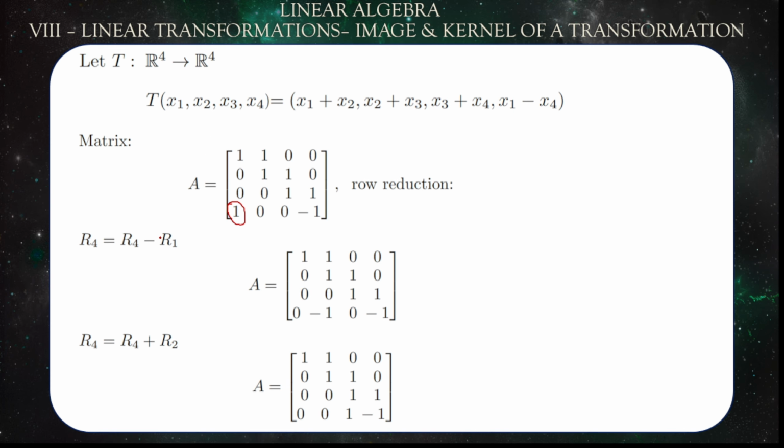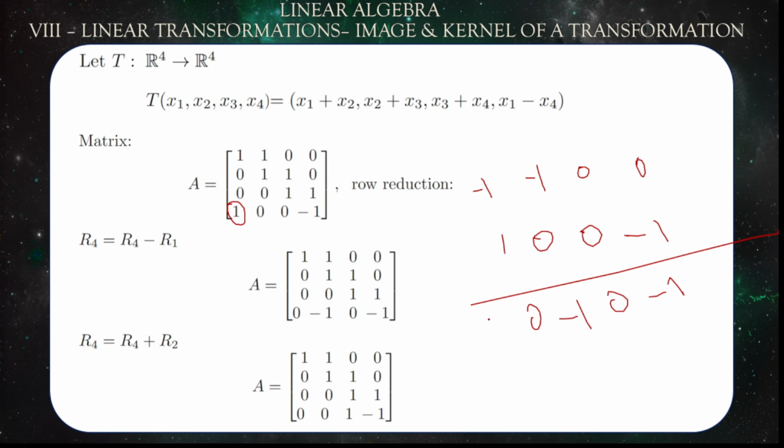You simply evaluate R4 minus R1, which is 1, 0, 0, minus 1, and you have minus R1, which is minus 1, minus 1, 0, 0. You add them together: 1 minus 1, 0, minus 1, 0, minus 1, and you place them at row 4.